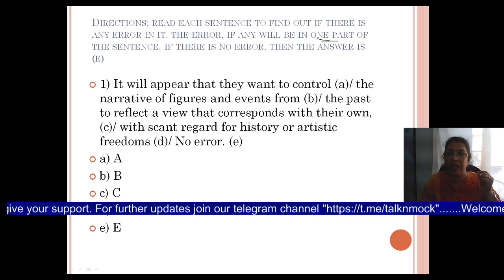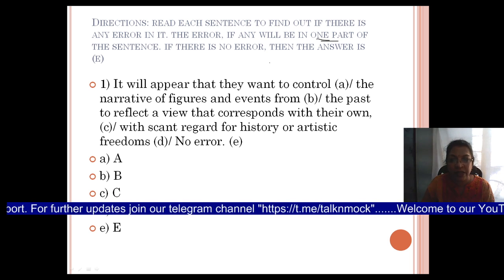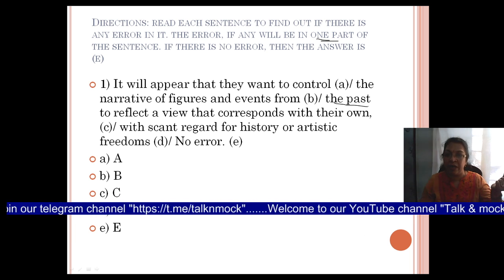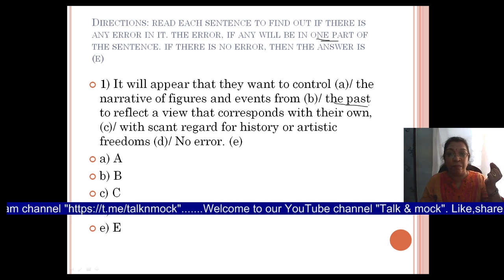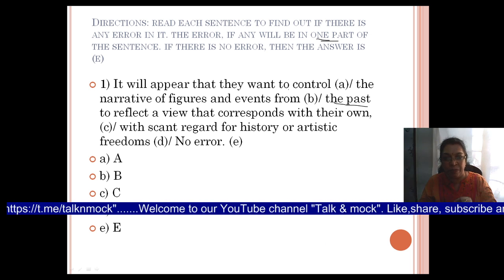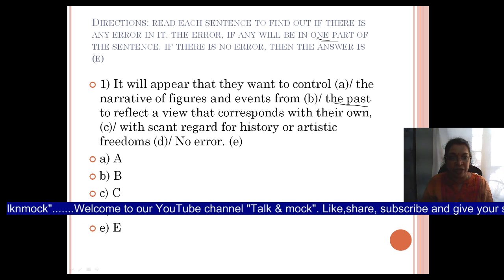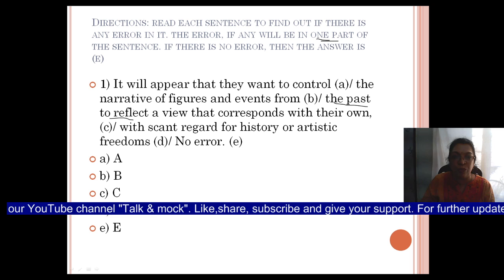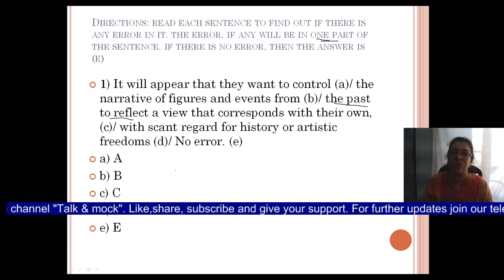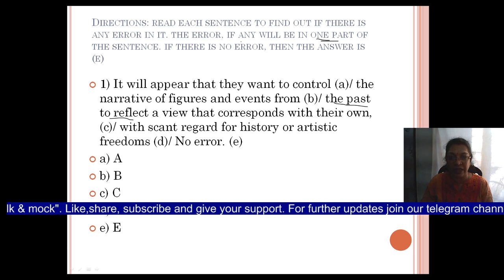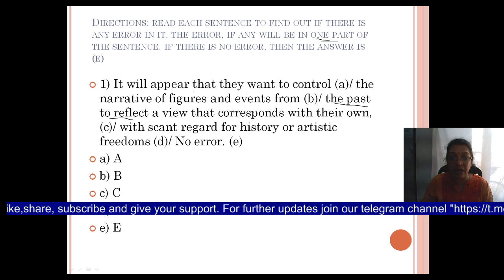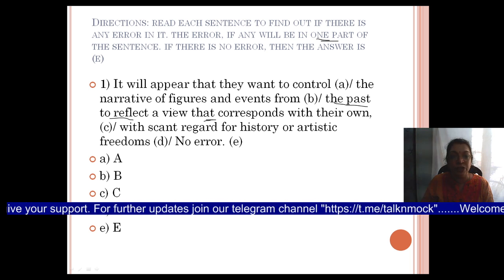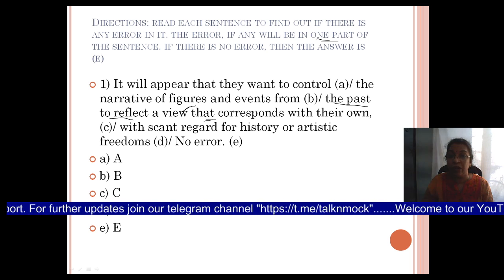I'll be checking the articles also. And events from the past. Before past you need the, so from the past. To reflect, after to, I check whether the verb is in V1. To reflect a view that corresponds. Here this that is a relative pronoun, so I'll just check the subject-verb with this.